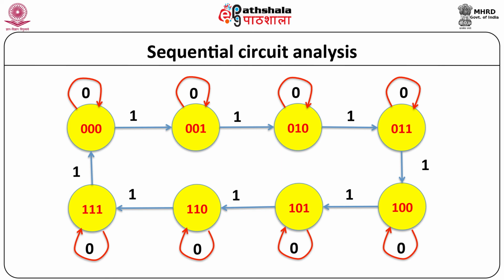The value of external input x could be either 0 or 1 and decides the state transition or self transition. This circuit can be identified as a 3-bit binary counter controlled by the value of x. When x is equal to 0, the sequential circuit does not increment the state. When x is equal to 1, the sequential circuit increments the counter.